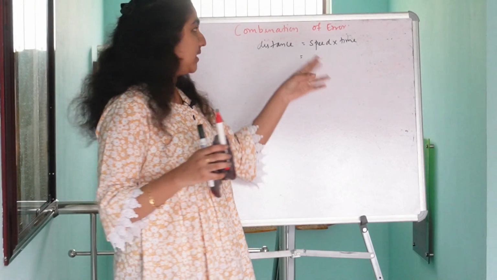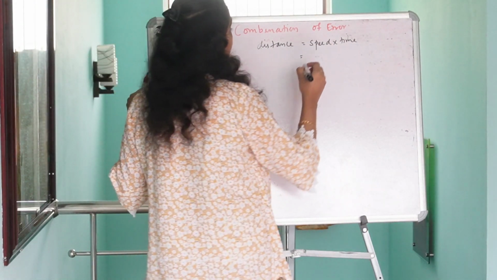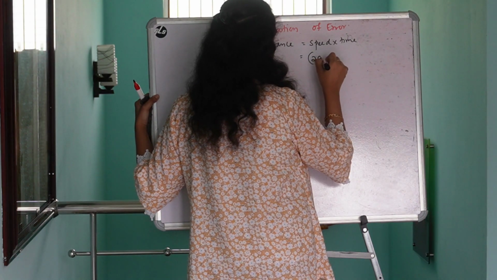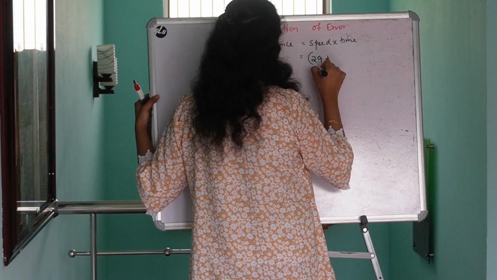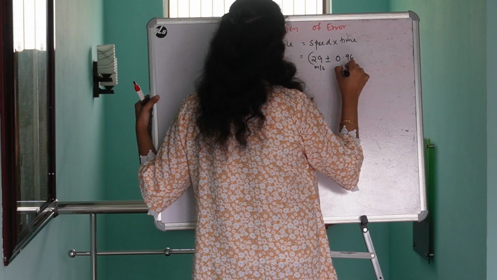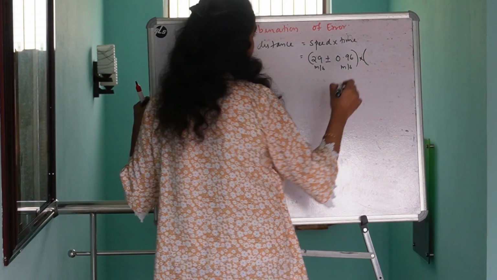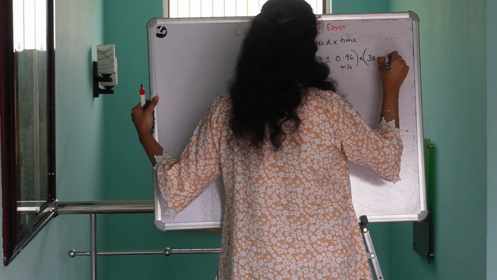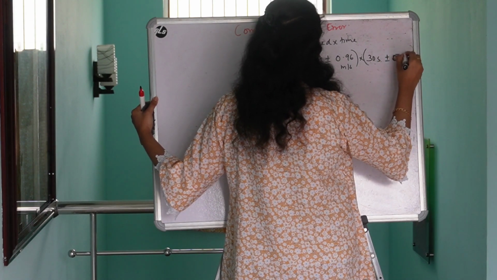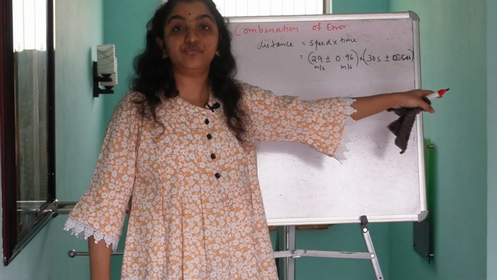Speed of the vehicle is equal to 29 meter per second plus or minus 0.96 meter per second. And you are given the value of time, that is equal to 30 seconds plus or minus 0.54 second.